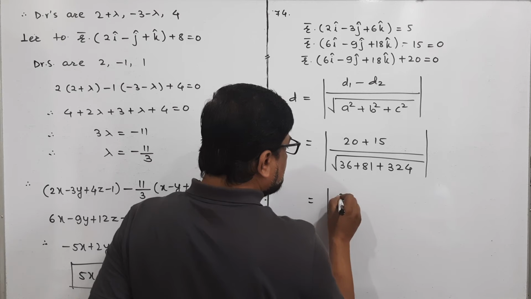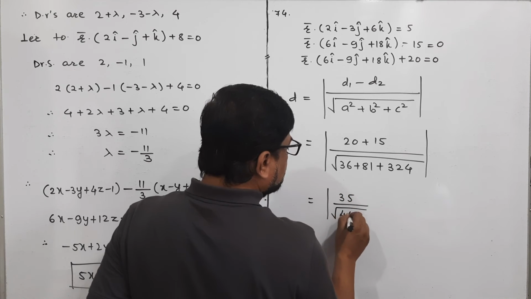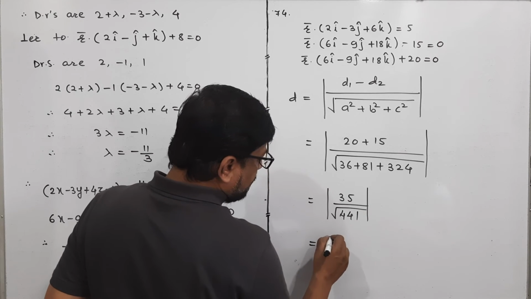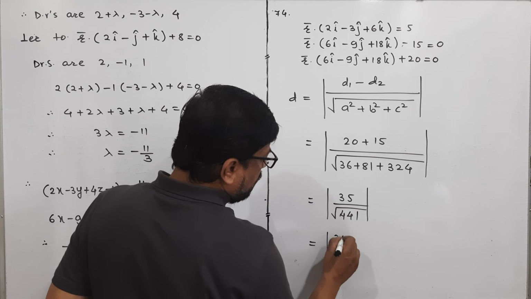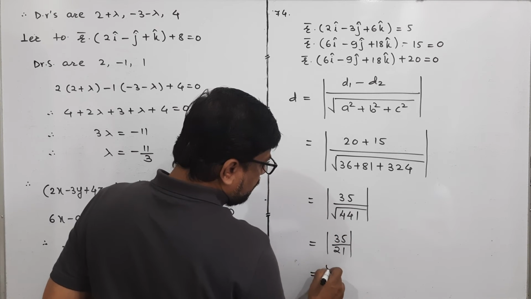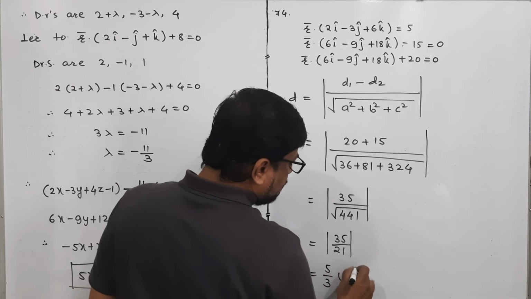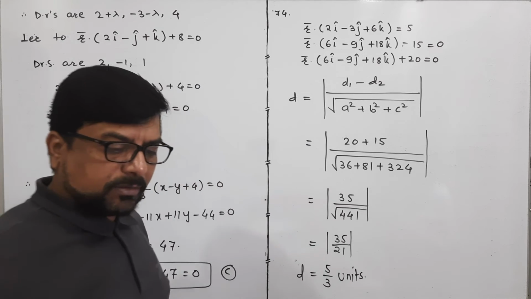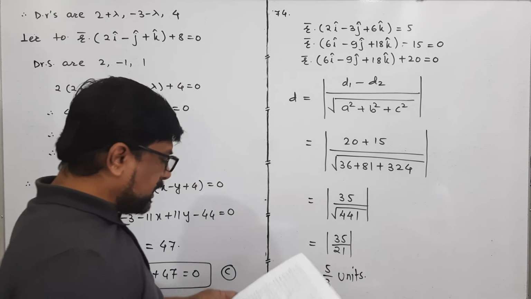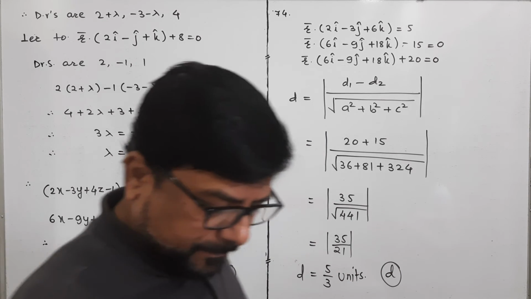The numerator of this is 35 upon under root of 441, which is nothing but the square root of 21. It is 35 upon 21, means it is 5 by 3. Distance is nothing but 5 by 3 units. Check out the answer. 5 by 3 units. D is your correct answer.